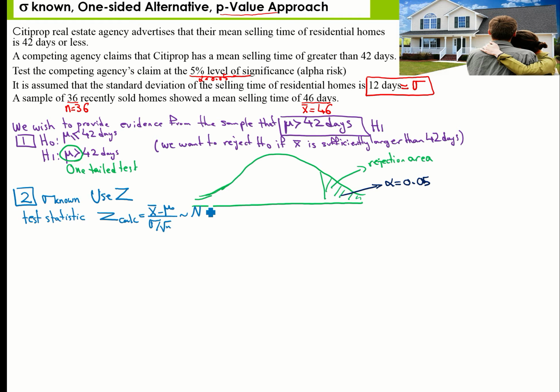This is normally distributed because n, which is 36, is large enough by the central limit theorem. If you substitute the values, the z calculated is x bar 46 minus mu 0 42 divided by 12 over square root of 36, which is 2.